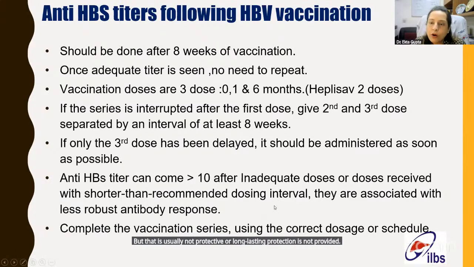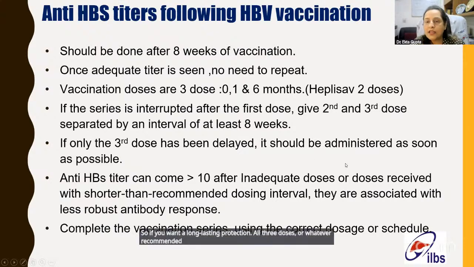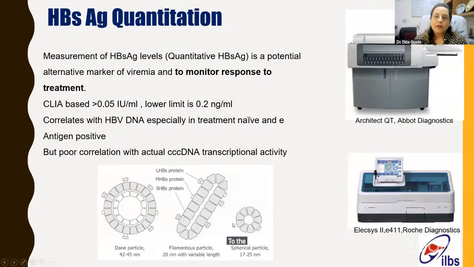So if you want long lasting protection, all 3 doses or whatever recommended doses of a vaccine should be administered, and then you should wait for 8 weeks, and then after 2-3 months you should do a titer to understand whether that person's body is responding good enough or not to the vaccination.